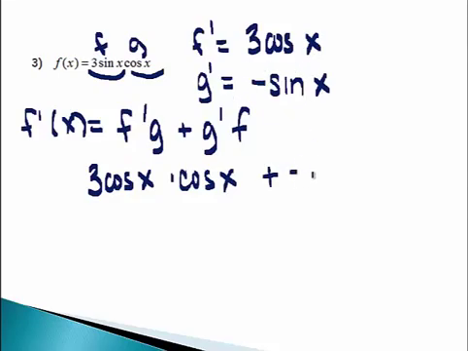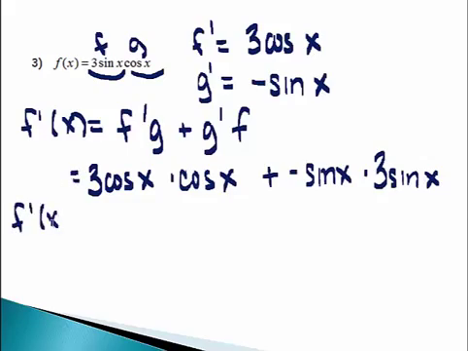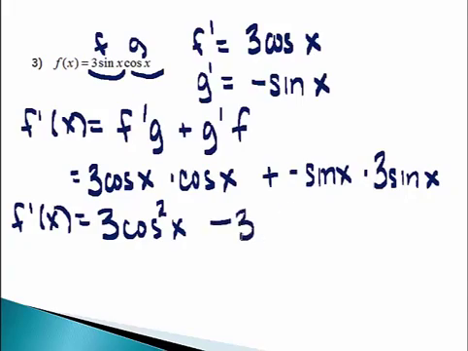It's like negative 1 sine x. And then your f is 3 sine x. Okay. Let's simplify cosine x times cosine x. I'm going to write it this way. This is a negative 1 times a 3. Sine times sine. And then again, if I wanted to pull out a 3, I could.